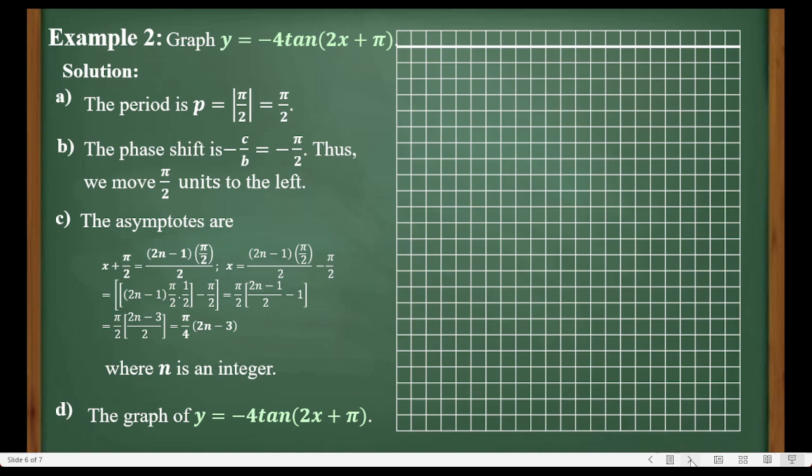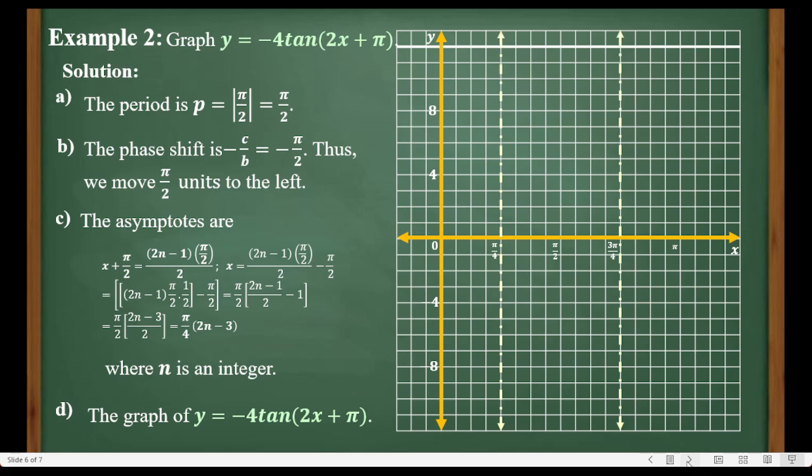At this point, let us graph the given function y equals negative 4 tangent of quantity 2x plus pi. Let us label along the y-axis the coordinates 4 and 8 above the x-axis, and below the x-axis negative 4 and negative 8. Then along the x-axis are these coordinates: pi over 4, pi over 2, 3 pi over 4, and pi.